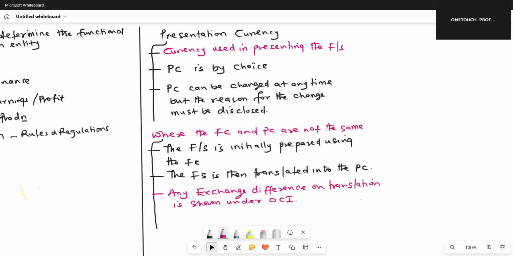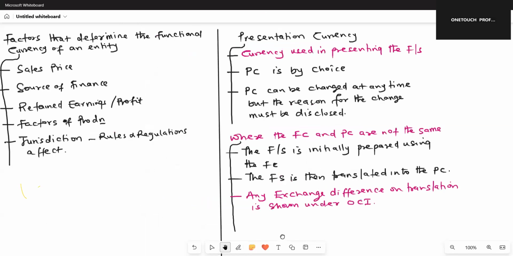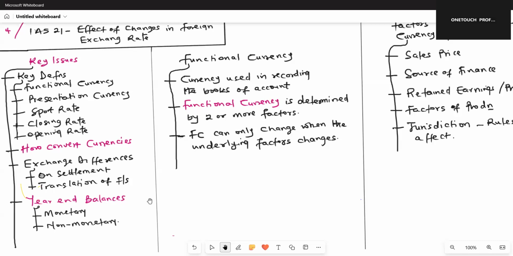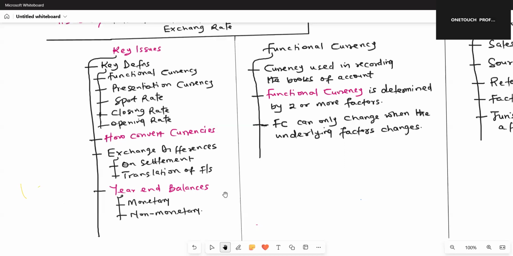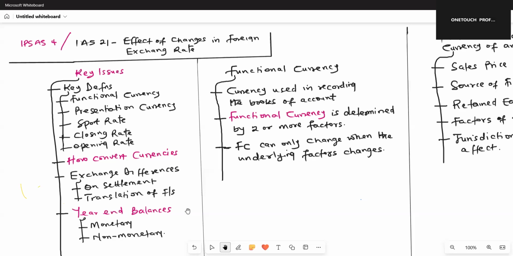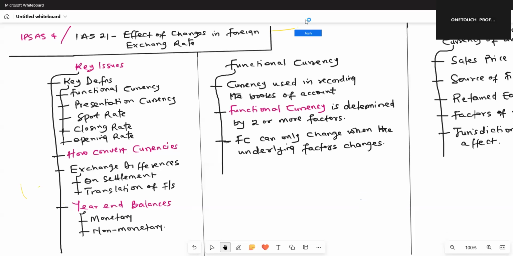Now let me, by word of mouth, explain the closing, the opening and the spot. The spot rate is the exchange rate at the date of the transaction. Is that clear? If you enter into a transaction, like you buy assets today, the exchange rate at the time of that transaction is what you call a spot rate.